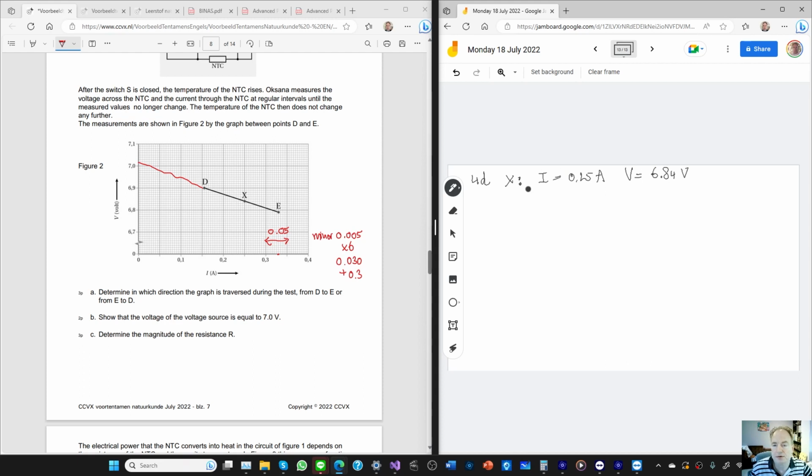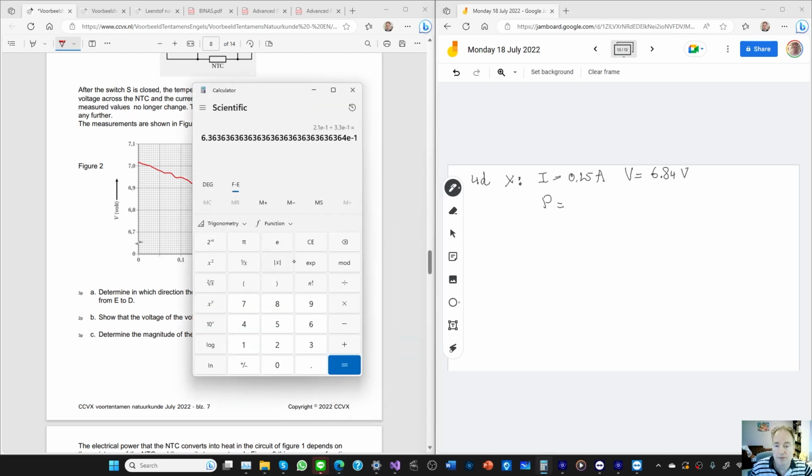That means in this NTC, the power generated, converted from the electrical power will be 0.25 times 6.84 is 1.71 watt.